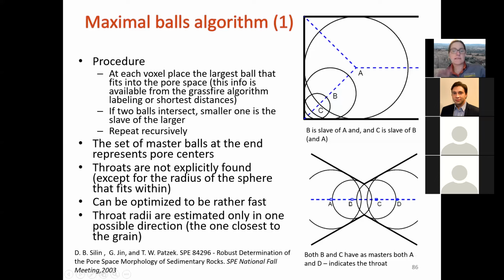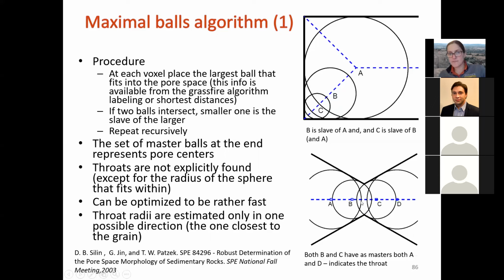Since A is the larger one, I'm going to call it a master. And B is technically, in these algorithms, called a slave, though I really don't like this master-slave designation. But subordinate. So B is a subordinate of A. I can now recursively apply that.